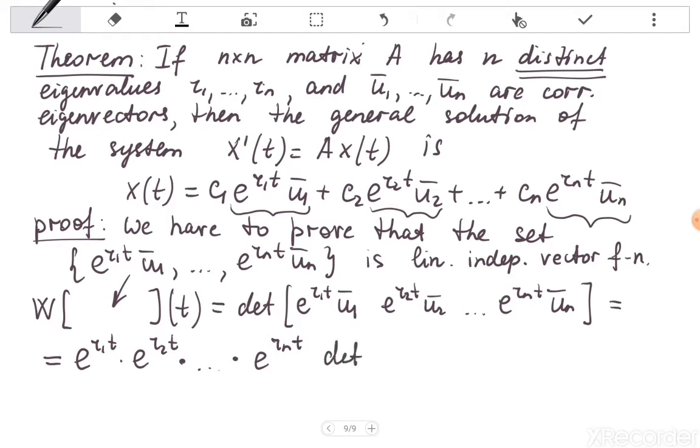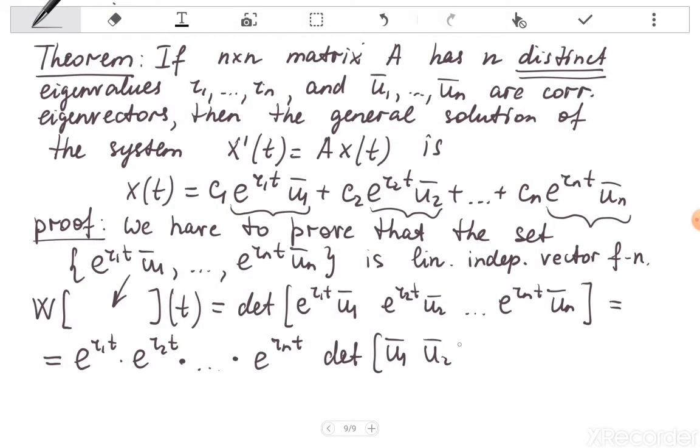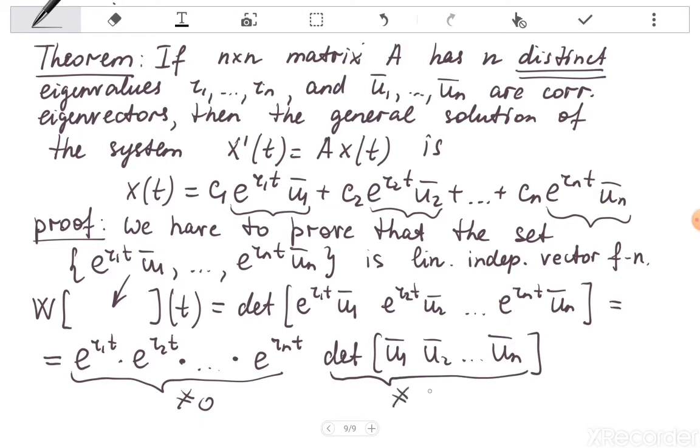And we leave the determinant of u1, u2, and so on, un. And this thing is non-zero, right? So of course, for any t, this is non-zero. And the determinant is non-zero from the previous theorem.